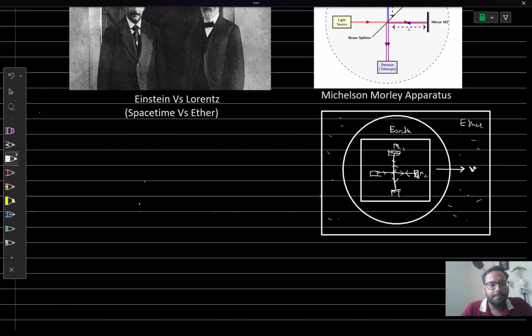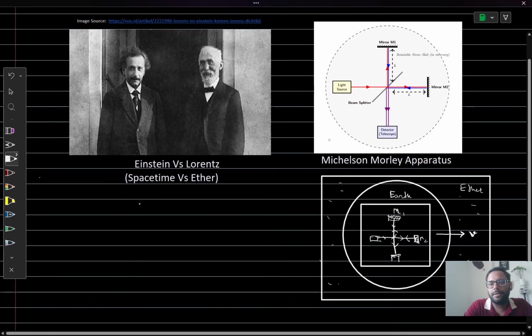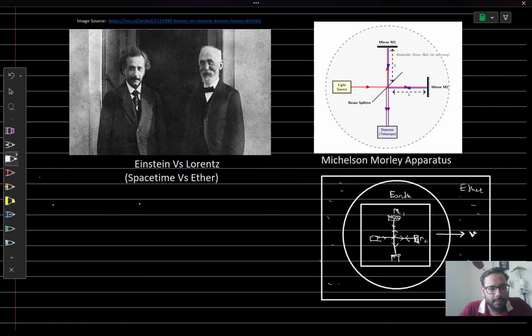Suppose I take these two arms as of equal length. Suppose this is my arm parallel to the motion of the apparatus.